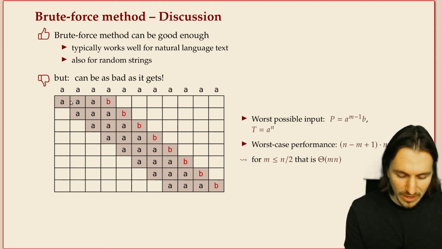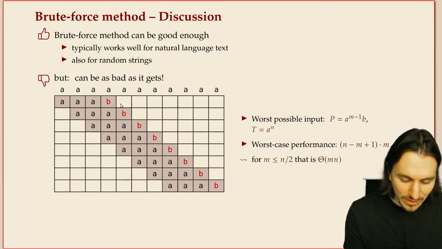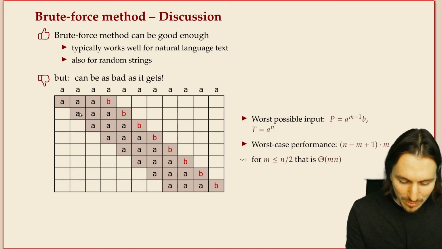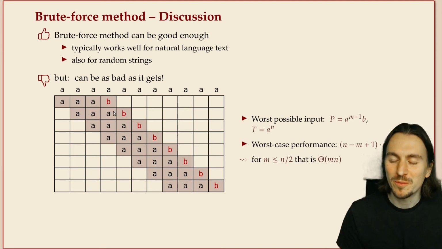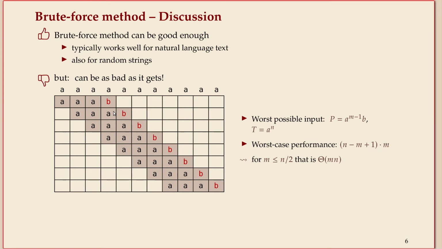If the text is all A's, and the pattern is all A's except for a B at the end, you always keep comparing from the beginning. You already know there's this B at the end, but you keep comparing. And what's worse, you know that there are all A's up here, but you forget this. You don't use that knowledge for the next guess.